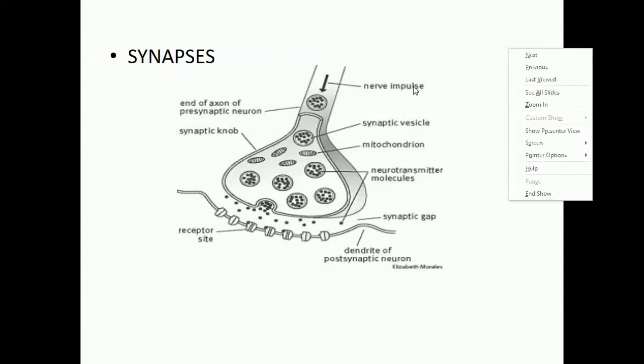This ensures that the transmission of nerve impulses is only one-way, meaning that the nerve impulses move from the presynaptic neuron to the postsynaptic neuron. Why do the nerve impulses move in one direction only? It's because of the structure of the presynaptic neuron. It is the only one that has the neurotransmitter, but the postsynaptic neuron does not have the neurotransmitter.